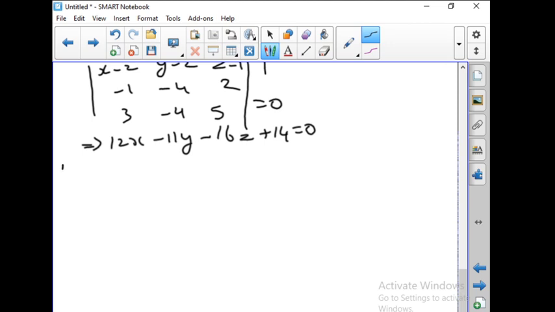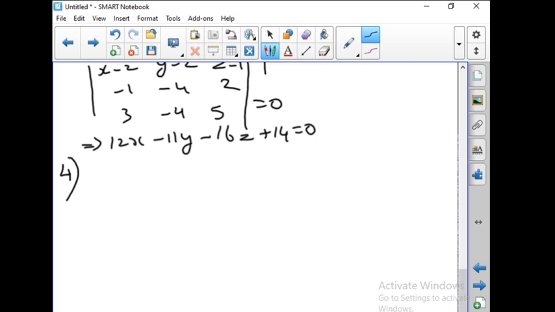Now coming to question number 4. Find the non-parametric vector equation and Cartesian equation of the plane passing through the point and perpendicular to the plane and parallel to the line.